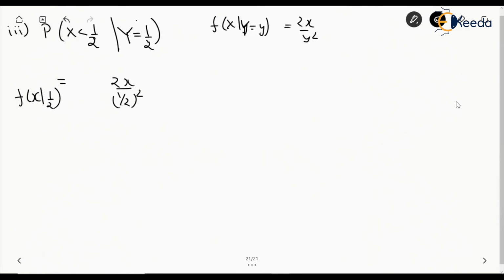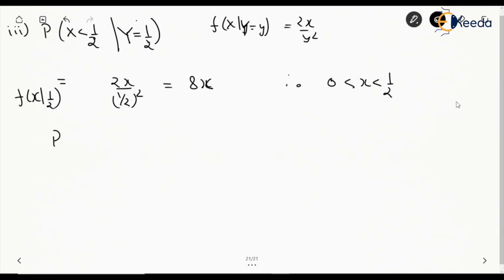Of course, this is y, this is x. Understood. So this is going to be 8x and the region is still same. So for x being less than 1 by 2, the region of limit integration will be from 0 to 1 by 2.